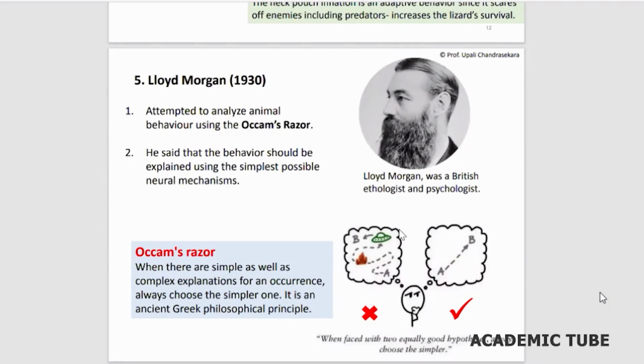Anthropomorphism was used continuously for a very long time. Now it was Morgan who first tried to say that explaining animal behavior using anthropomorphic views is not right. That is because our brains are different.